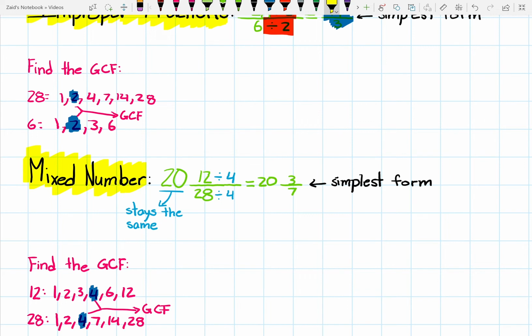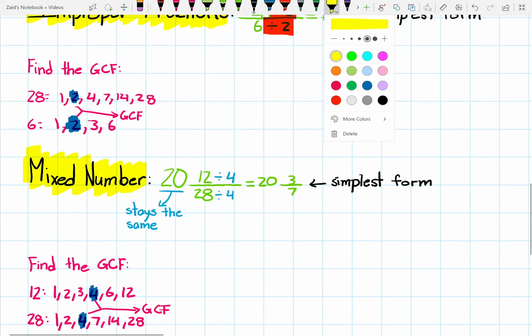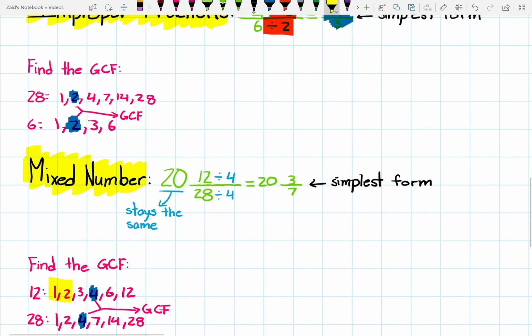So our common factors are 1, 2, and 4, but our greatest common factor is 4. So we divide both numerator and denominator by 4. So 12 divided by 4 gives me 3, and 28 divided by 4 gives me 7. We leave the whole number 20 the same, so it would be 20 wholes and 3 over 7. And that would be our simplest form.